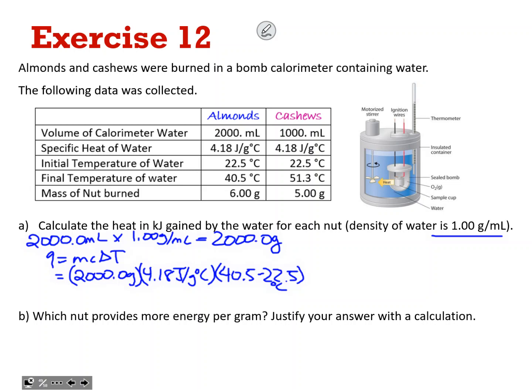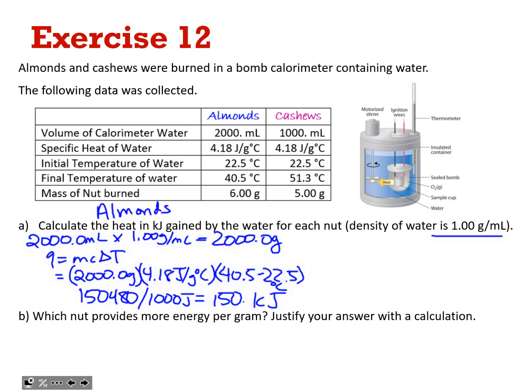So once again, we're going to change it over to kilojoules like it says to do. So we calculate. This ends up being 150,480. Divide that by 1,000 joules. That's going to give you 150 kilojoules. So this is for the almonds.